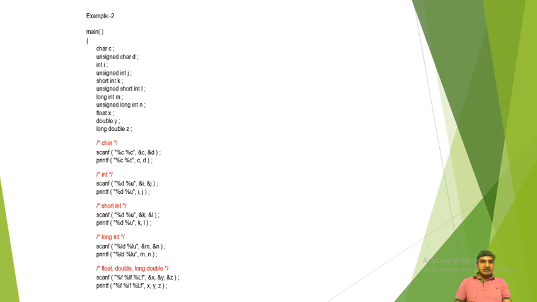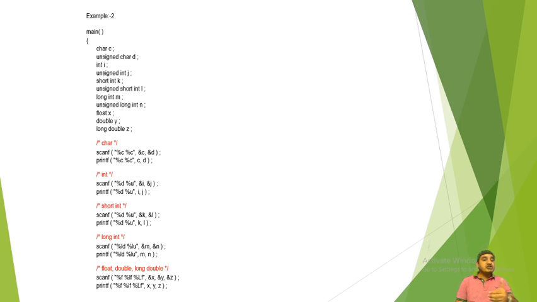So by using the scanf function we give input, and by using the printf function we display that input on the screen. So printf percentage d percentage u in double inverted commas, i, j, terminated with semicolon.